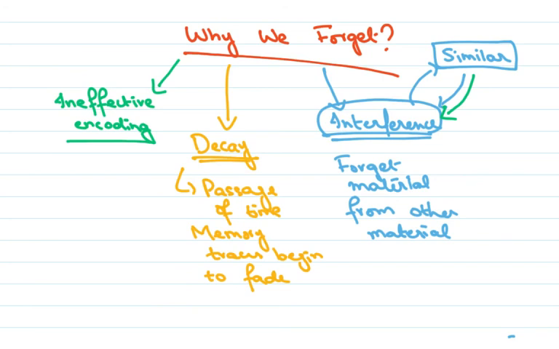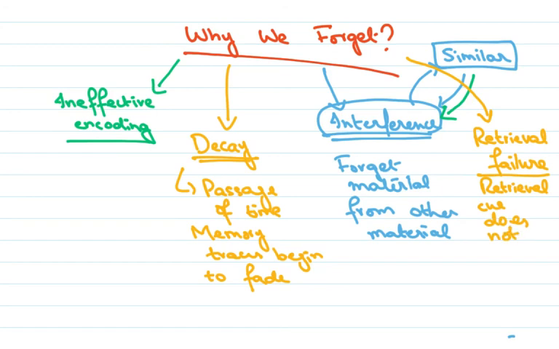Then another factor that is implicated in why we forget is retrieval failure. Basically, you've encoded properly, it's been stored, but you're not able to retrieve it. Most of the time, this is because the retrieval cue, what you're using to retrieve this information, does not match the memory code.